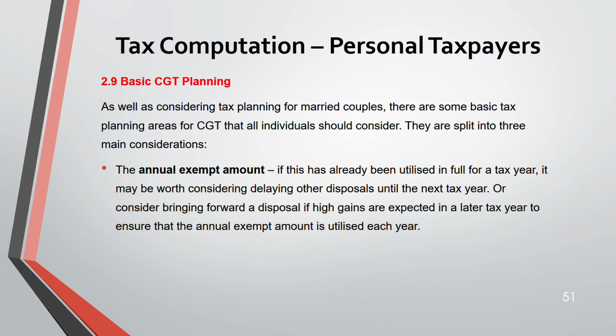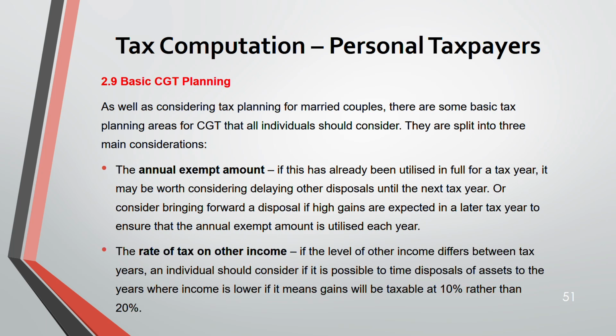So you might consider delaying disposal until the next tax year so that you can utilize the next year's annual exempt amount if it has been utilized fully in this tax year. Or consider bringing forward a disposal if high gains are expected in the next year so that you can utilize the annual exempt amount each year.